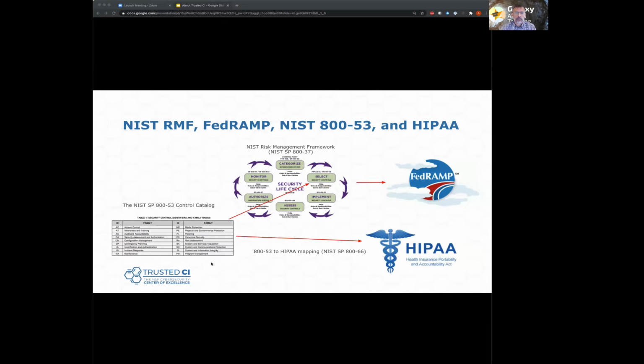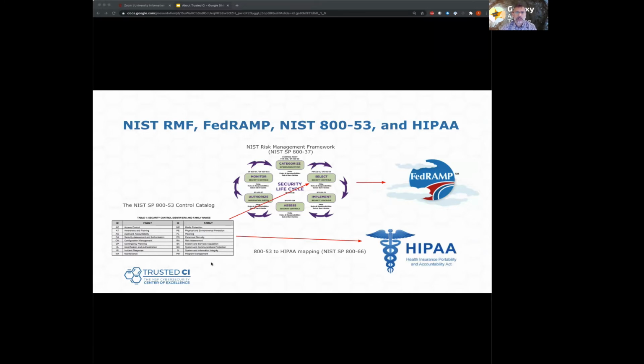HIPAA, as you know, is a federal regulation which protects identifiable patient data in the healthcare context. That is patient data that was created in a healthcare setting by a healthcare organization, a health plan, or health clearinghouses.